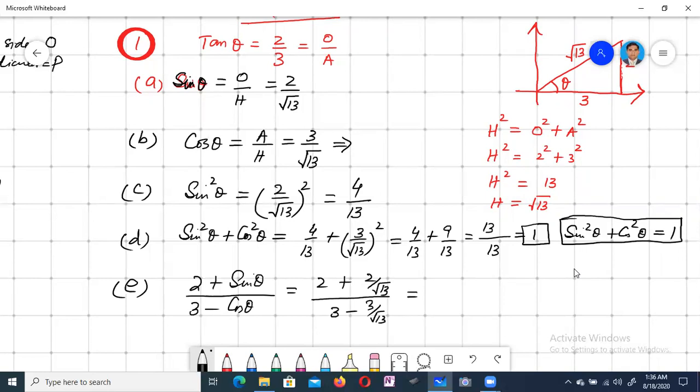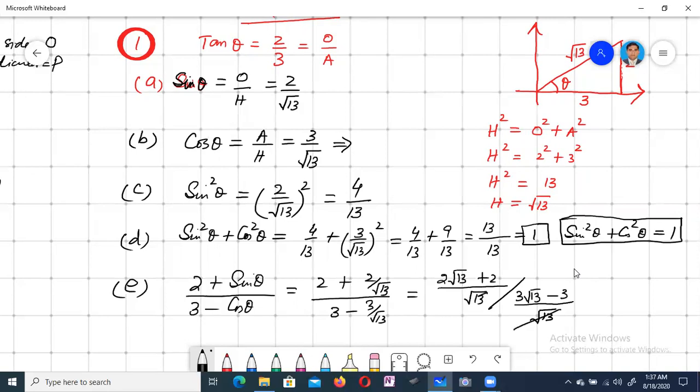We will take the LCM in numerator. Least common multiple is square root 13. Square root 13 into 2 will be 2 into square root 13, plus 2 divided by, in denominator also we will take the LCM. LCM is square root 13. Square root 13 into 3, 3 square root 13 minus square root 13 cancels with square root 13, here will be 3.